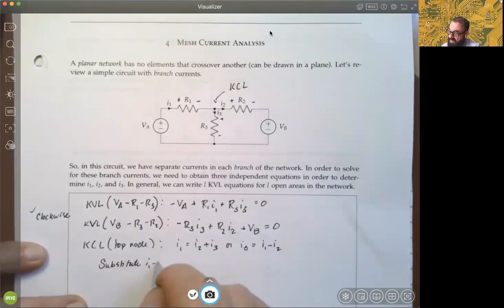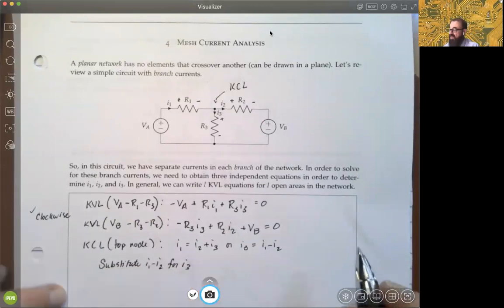The advantage of doing that is that you could substitute I1 minus I2 for I3 in both of the KVL equations.